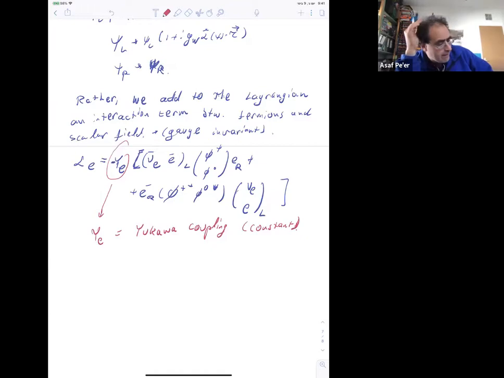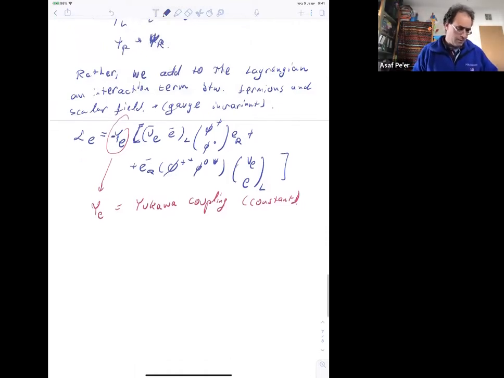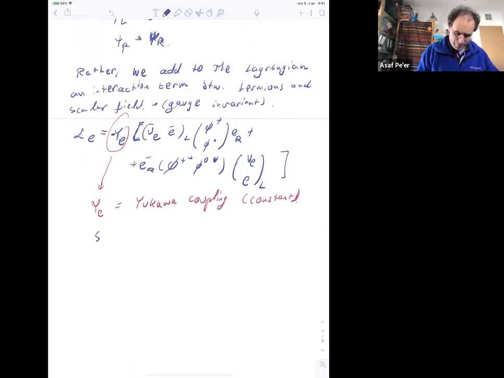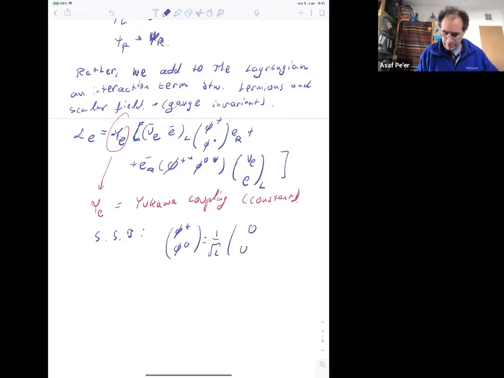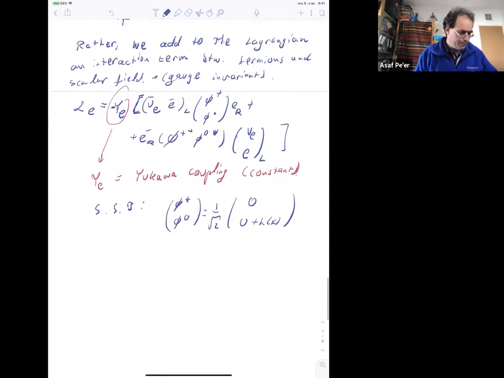Now, after spontaneous symmetry breaking, the Higgs doublet, phi plus and phi 0, becomes 1 over square root of 2 times (0, v plus h(x)).